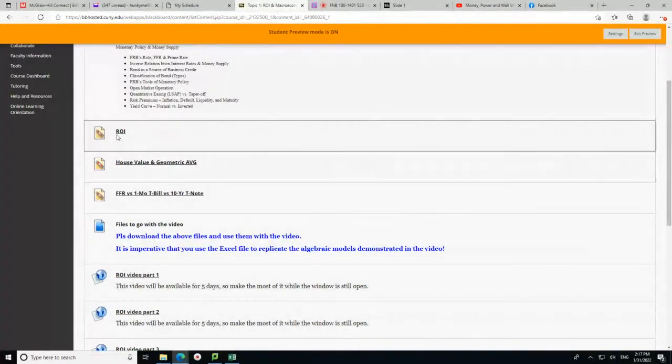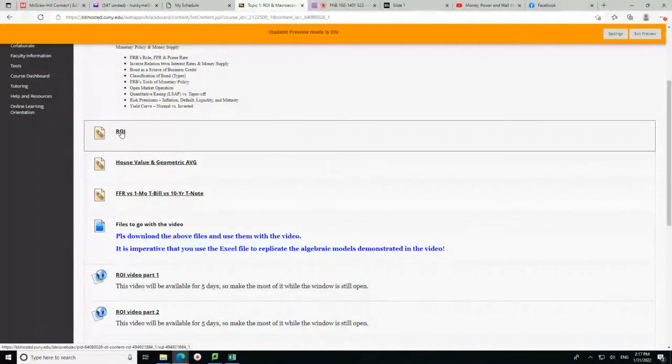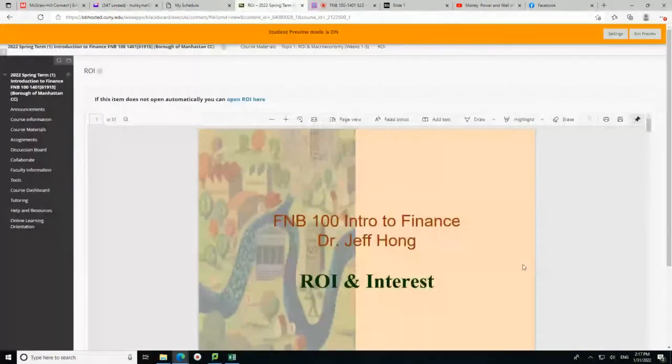I need to download these files. I downloaded the rate of interest, but I can't download house value and the next one. This one is an Excel file. If you click on it, it will directly download to your computer. This one is a PDF file. When you click on it, the PDF will open up like this, but you can also download it. The Excel file I couldn't open.